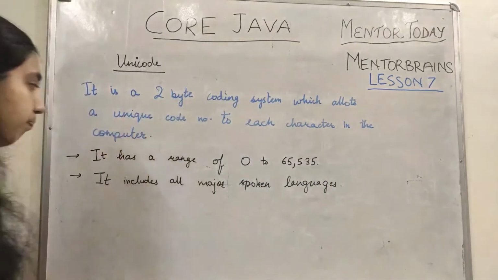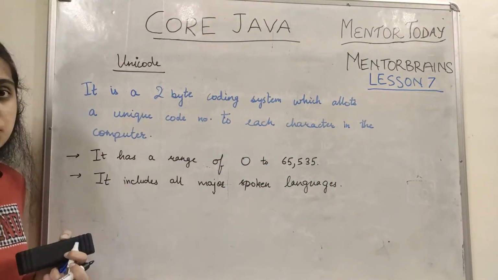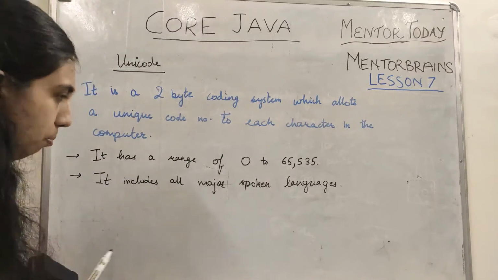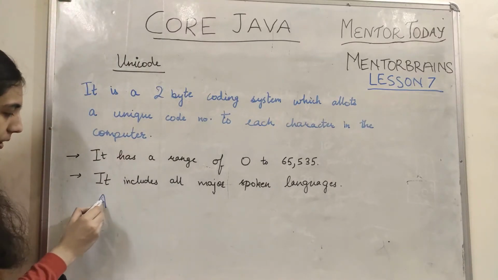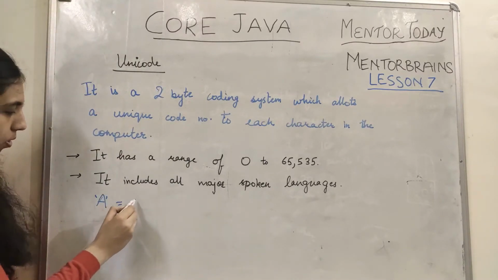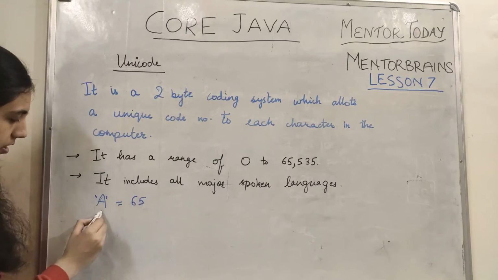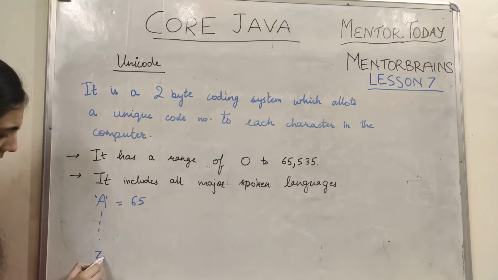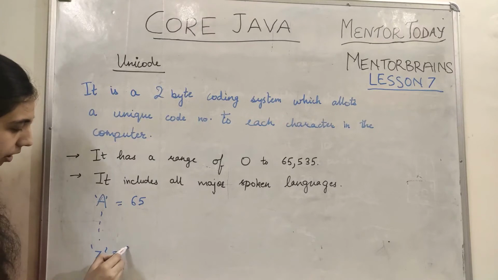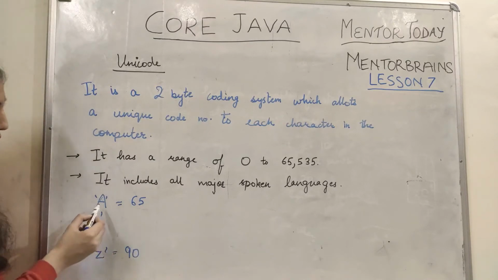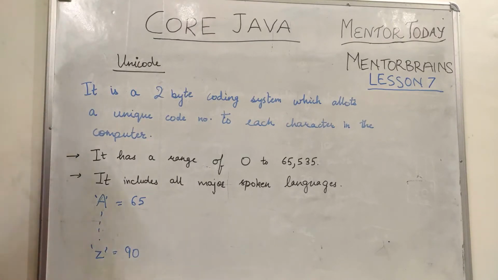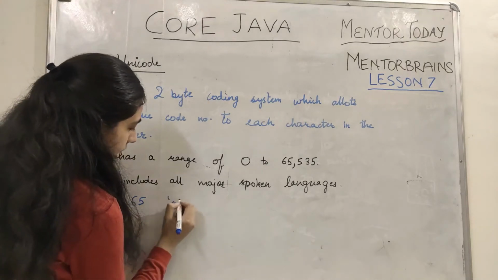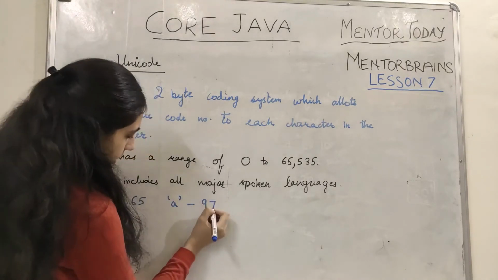Okay, so I'll tell you the Unicode of some of the basic characters which are important. You have capital A, its Unicode is 65. Then going on to capital Z, its Unicode is 90. So the Unicode of capital B will be 66, of course. Then the Unicode of small a is 97.